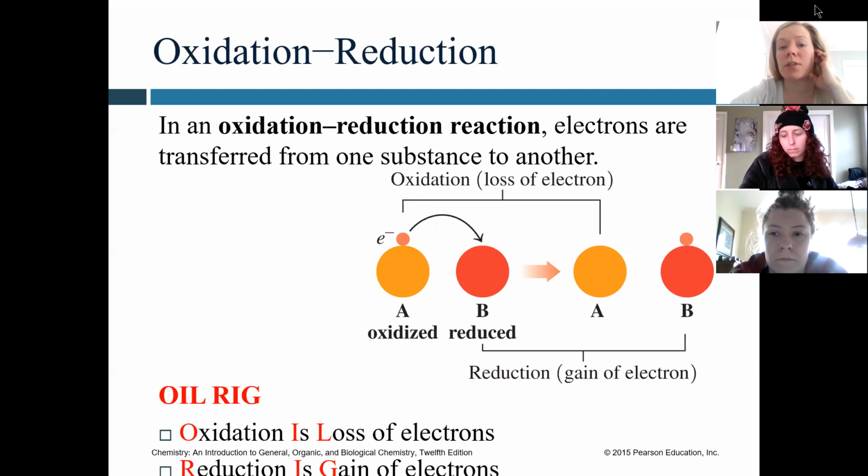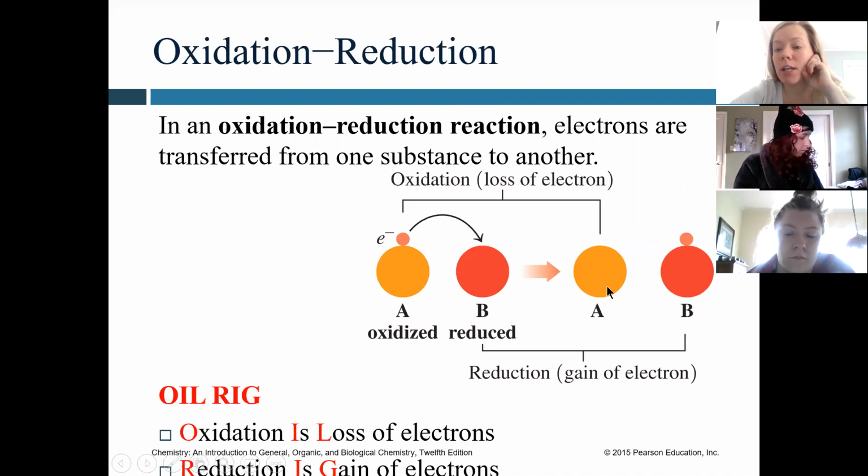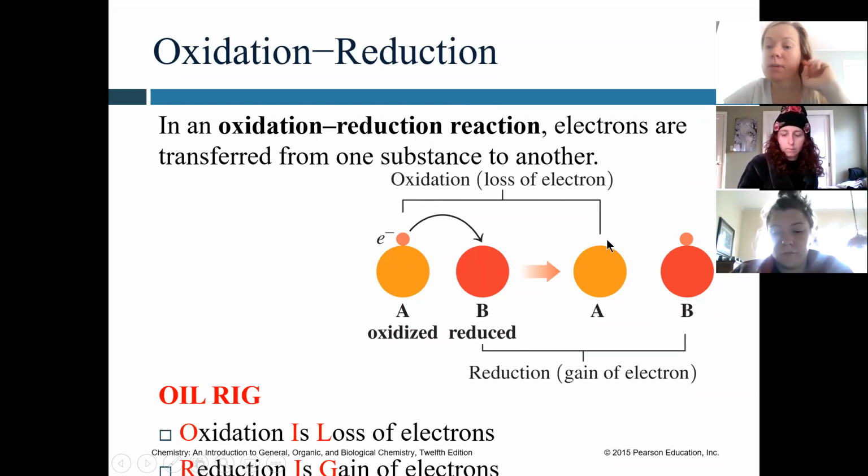In an oxidation reduction reaction, an electron is transferred from one thing to another. Here we've got material A and material B. Material A has an electron that it will transfer over to material B. Our ending result is we still have A and B, but A is short an electron and B is up an electron. If you lose an electron, you become more positive.